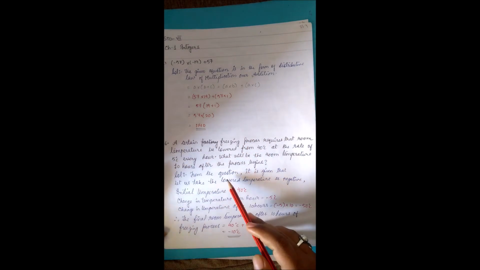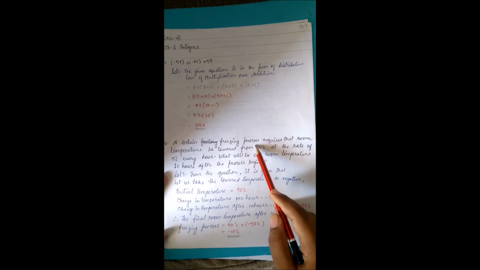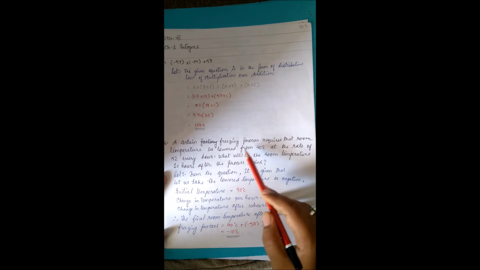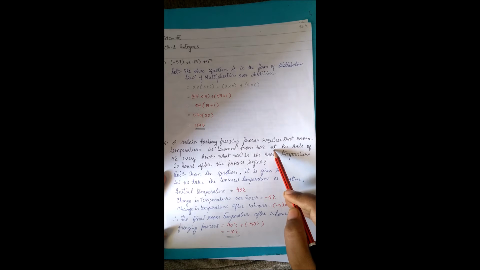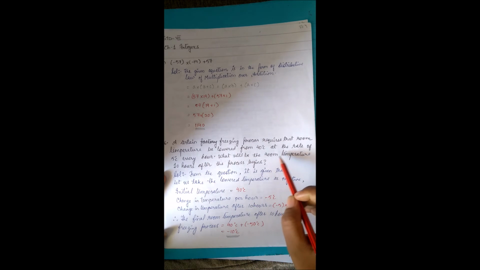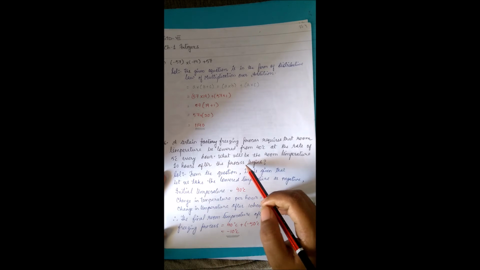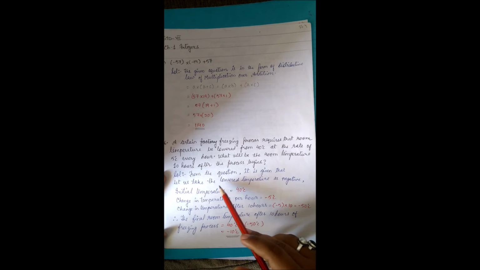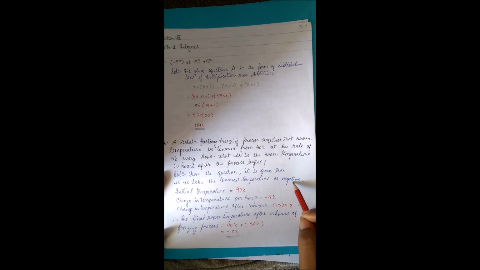Now next question is, a certain freezing process requires that room temperature be lowered from 40 degrees Celsius at the rate of 5 degrees Celsius every hour. What will be the room temperature 10 hours after the process begins? So from the question it is given that, let us take the lowered temperature as negative.